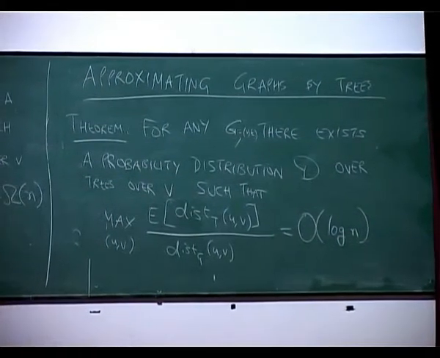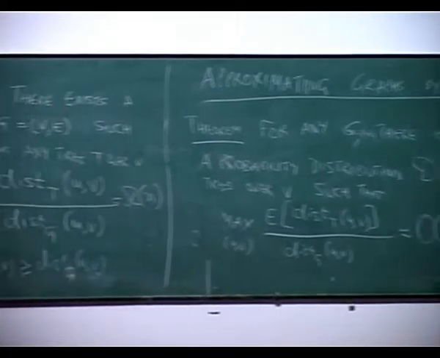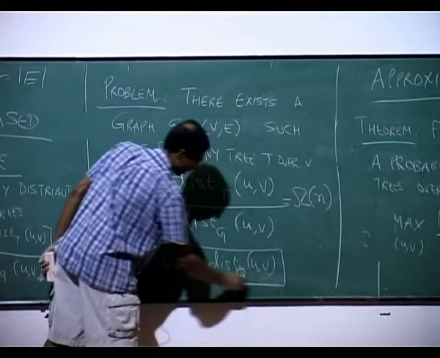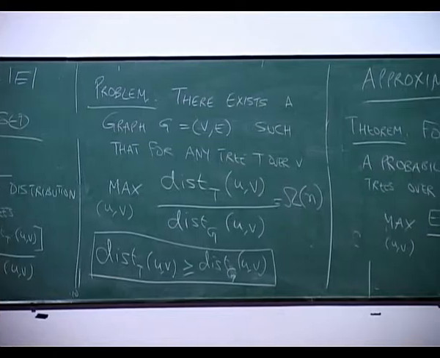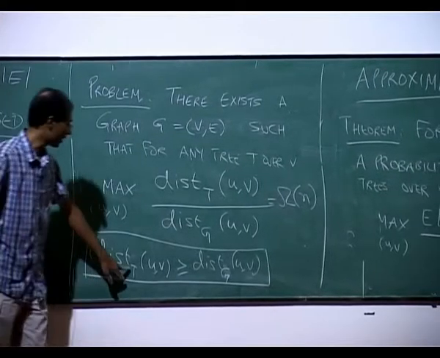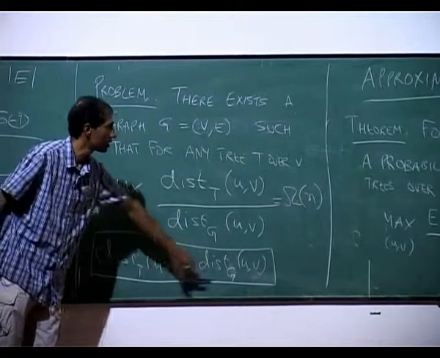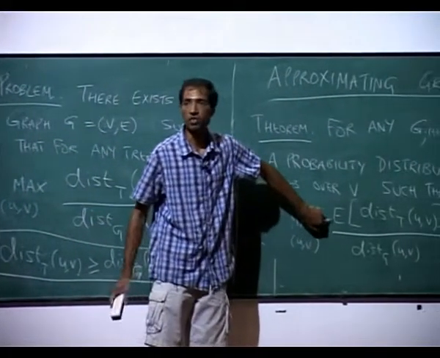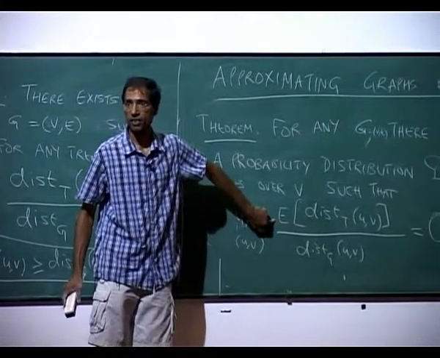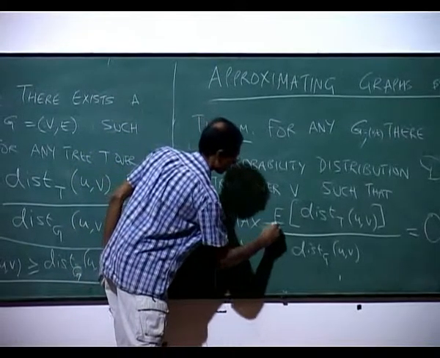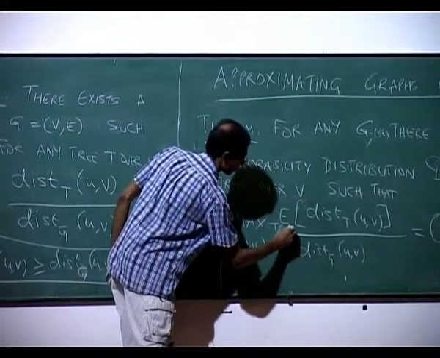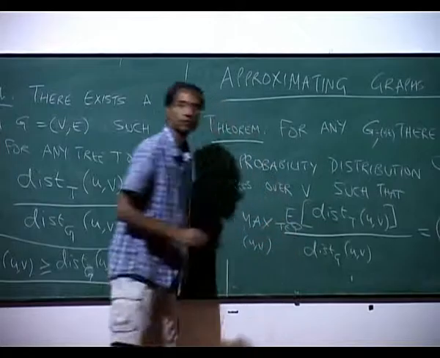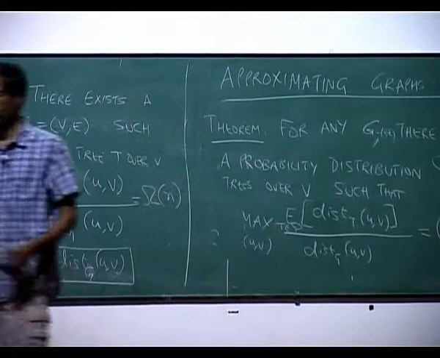And by the way, we have the same condition as before, that every tree in that distribution satisfies this. Okay? And again, where is the distribution coming in? The distribution is coming in the expectation. So here is the meaning for this.